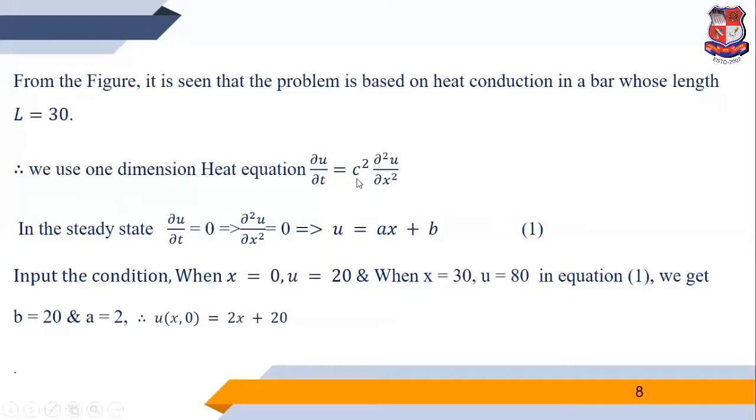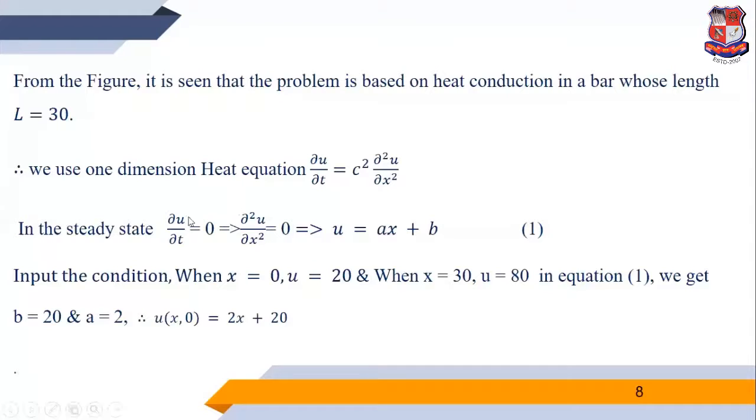So ∂u/∂t is equal to c² ∂²u/∂x². In the steady state condition, the derivative with respect to time is 0. Steady state means the temperature does not change with time, that means the temperature is constant.